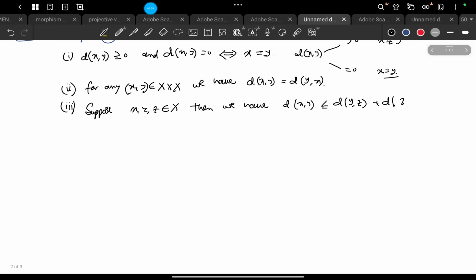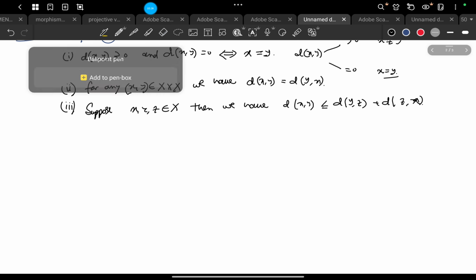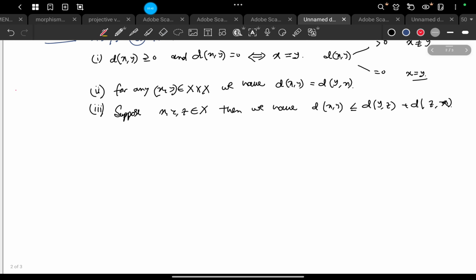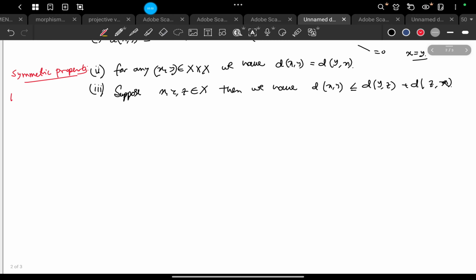The second property is said to be the symmetric property, and the third one is said to be the triangle inequality.